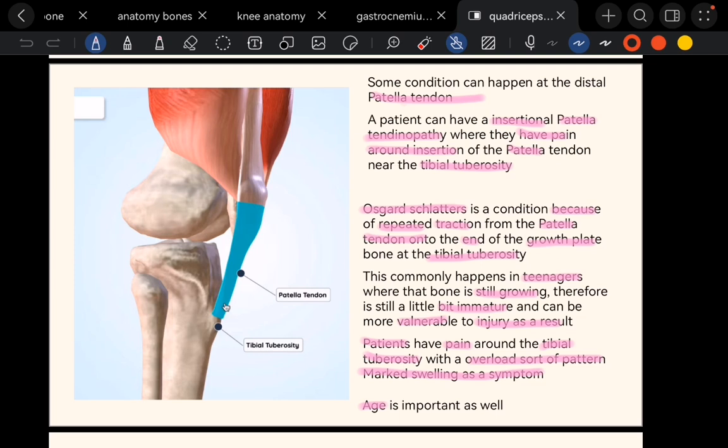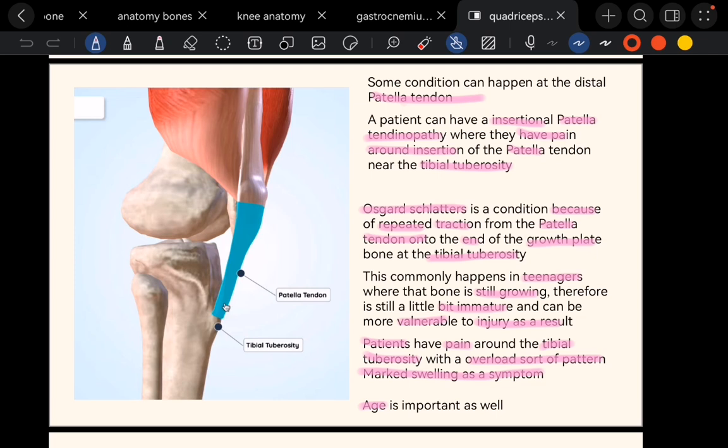Now, this could happen because of injuries or basically repetitive extensions or overuse, which could cause marked swelling, pain, inflammation, tenderness, and basically instability as well. Okay, so it is more commonly found in teenagers who play actively in sports, because of repetitive movement of your legs, like playing soccer as well.